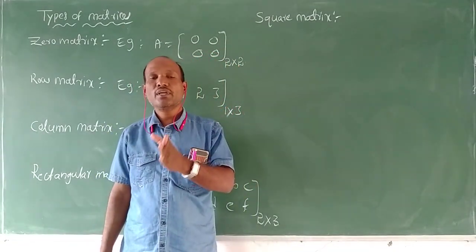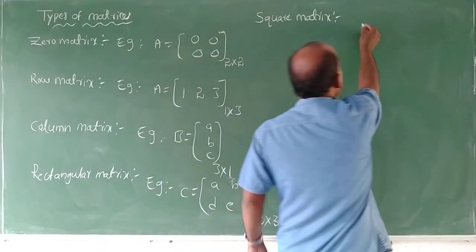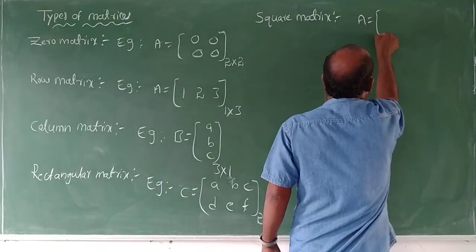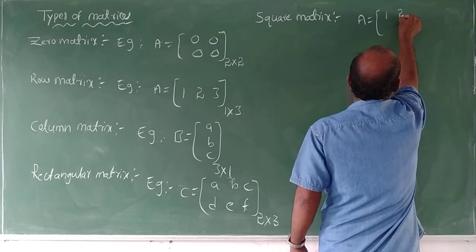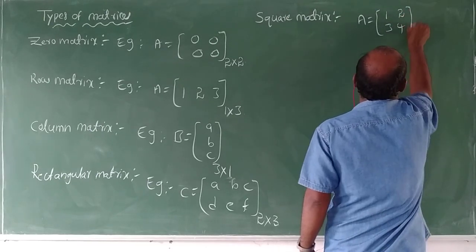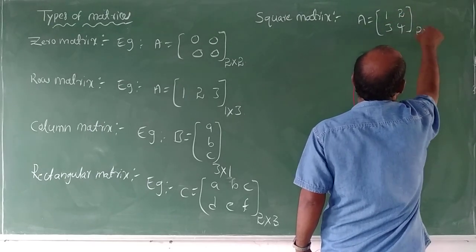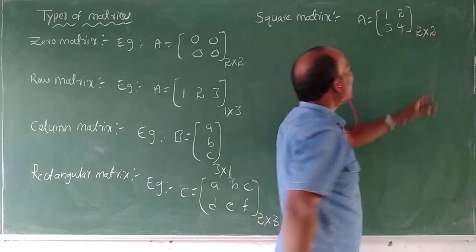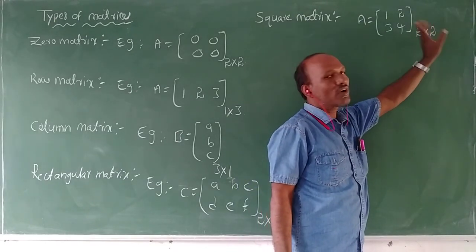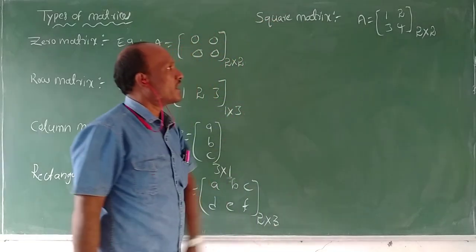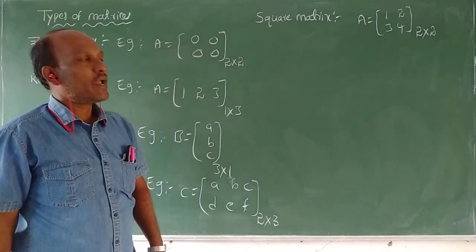Capital A equal to 1, 2, 3, 4. How many rows? 2 rows. How many columns? 2 columns. Number of rows equal to number of columns. This is square matrix. Next, diagonal matrix.